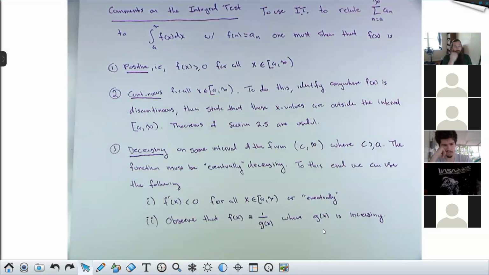And this is often faster, right? So there are a lot of functions whose graphs we just know.